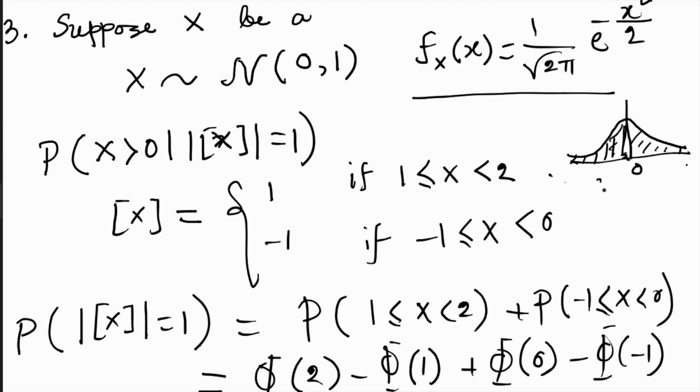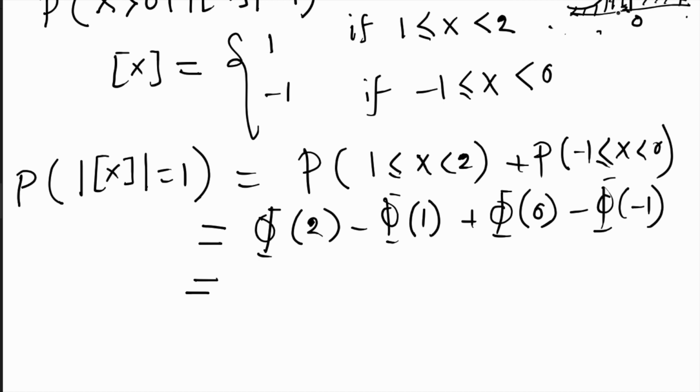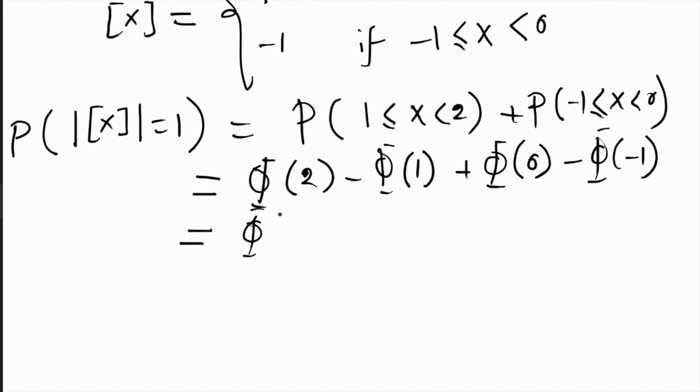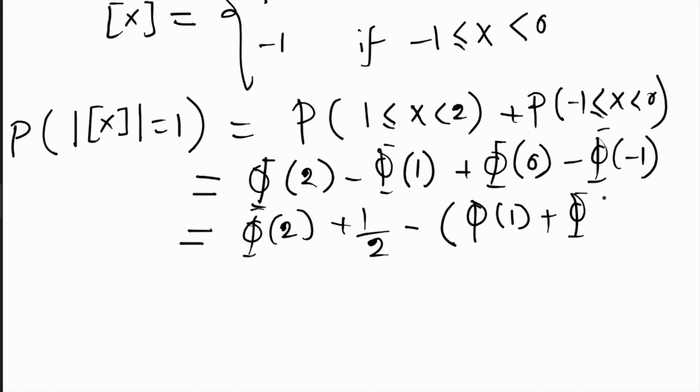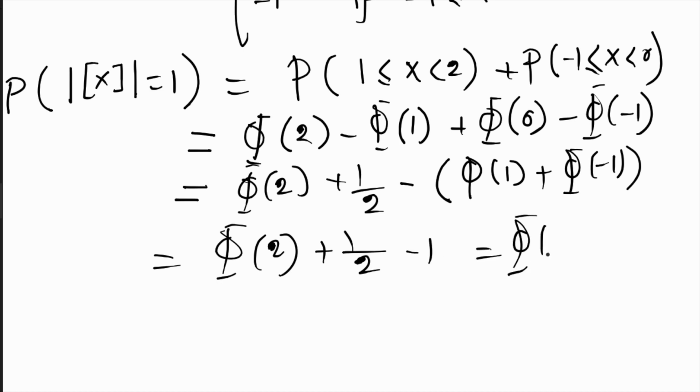So the cumulative function at 0 should be half, because half of the region is covered. So that means phi of 2 plus half, minus phi of 1 plus phi of minus 1. And we also know that phi of 1 plus phi of minus 1 is 1. So that is phi of 2 plus half minus 1. So this is phi of 2 minus 0.5.